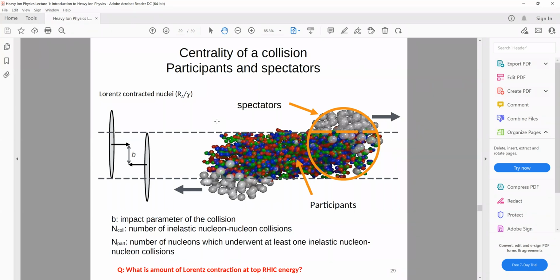The amount of contraction by which one gold nucleus is being contracted. Did you get the question? Yes, sir, but I forgot the formula now.